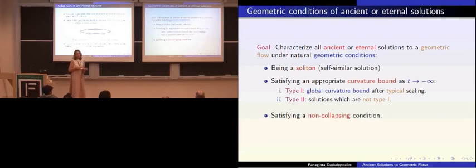Type 1 means that you have a global curvature bound as t approaches minus infinity, because that's where the solution starts, which is the usual kind of behavior you expect, for example, the spheres to have. And type 2 is usually the type of ancient solution where the solution has curvature larger than what you expect from type 1.